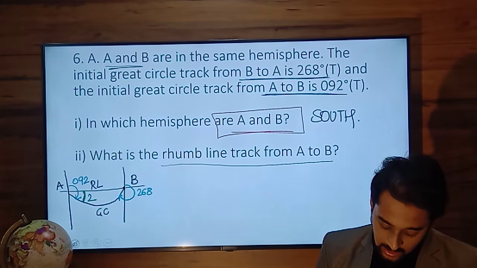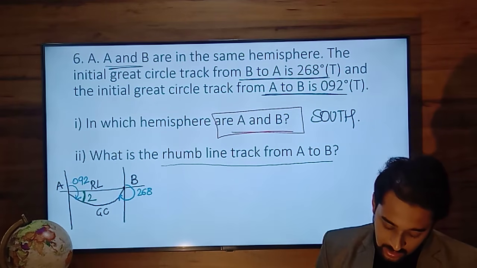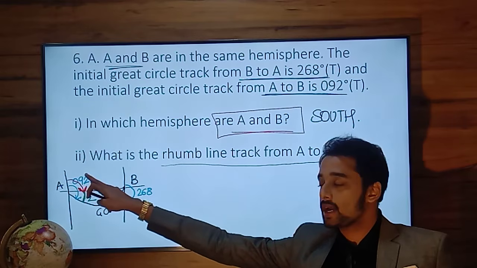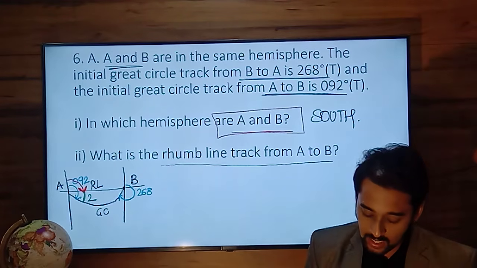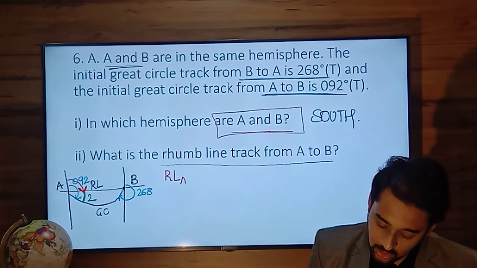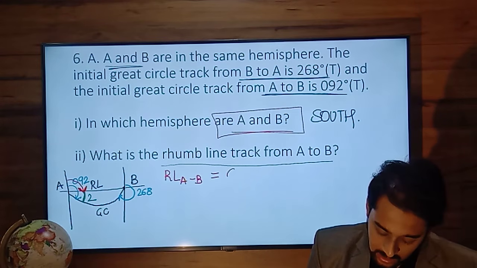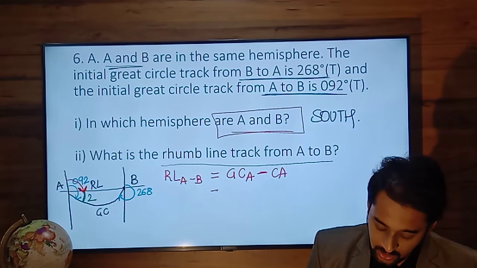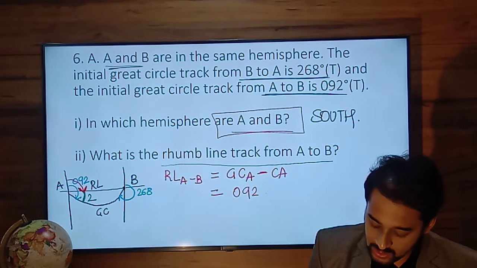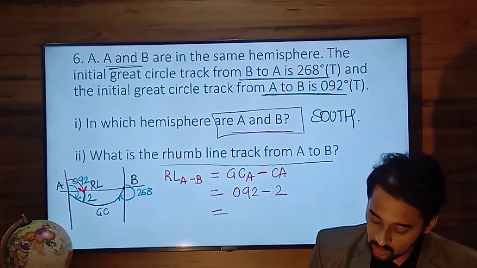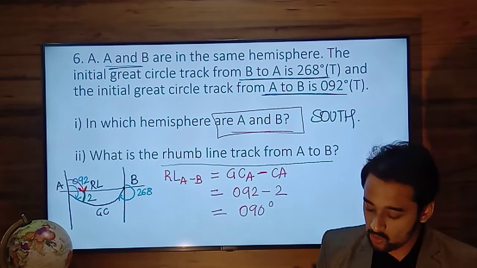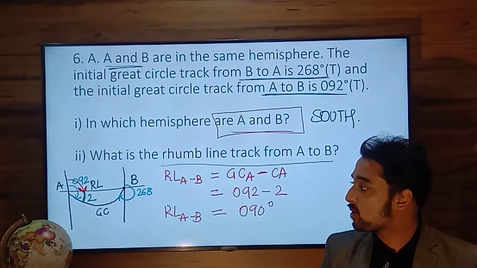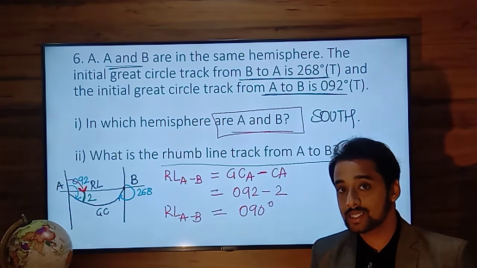Therefore rhumb line at A will be the entire great circle track minus this convergency angle. So rhumb line A to B will be great circle at A minus convergency angle. So great circle at A is 092, convergency angle is 2. So it will be 090 degree. So that means rhumb line A to B is 090. Okay, so that is easterly direction.